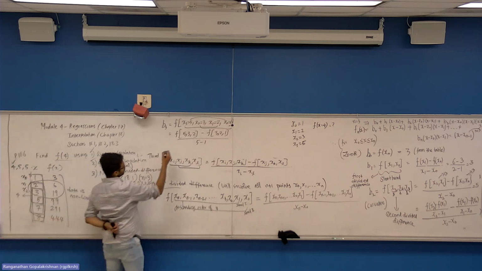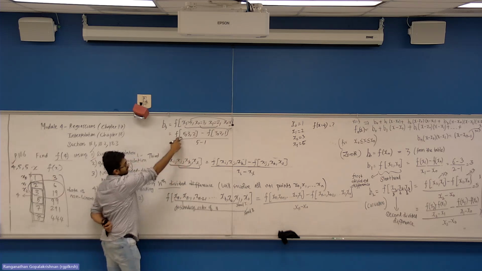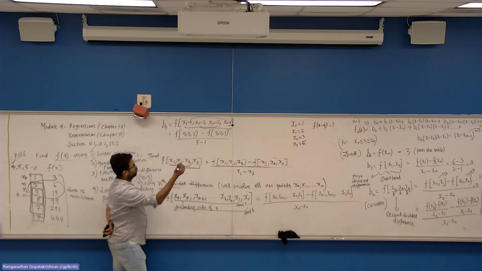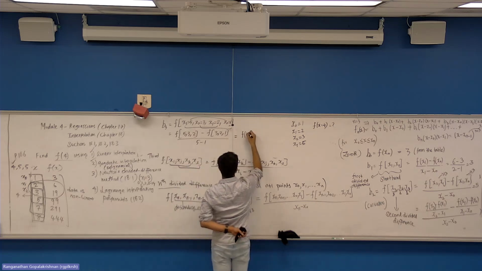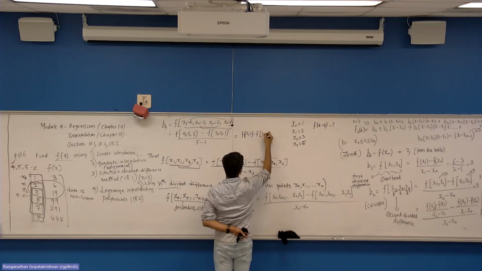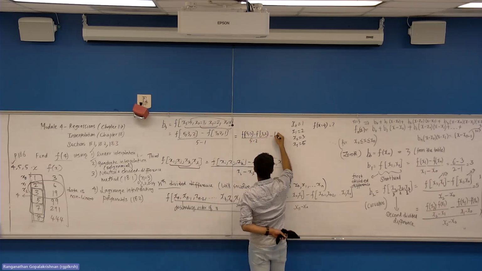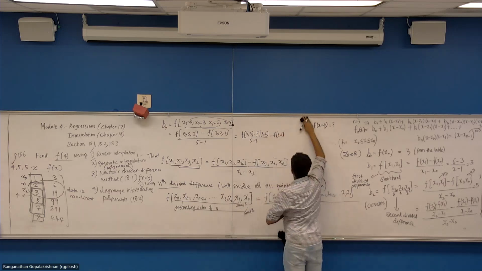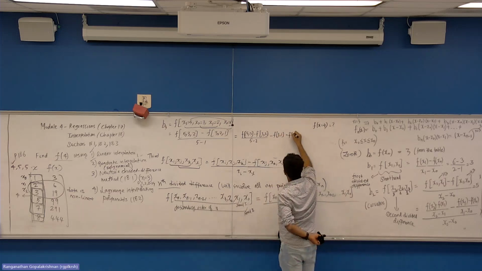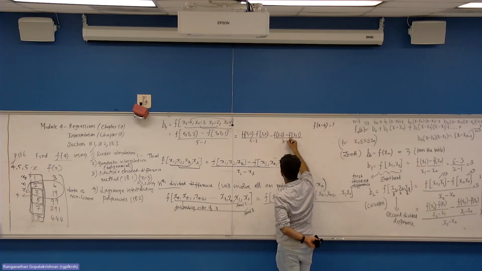And this is, you might remember this directly, or you might write one more step. This is nothing but f of 5, 3 minus f of 3, 2 divided by 5 minus 2, minus f of 3, 2 minus f of 2, 1 divided by 3 minus 1.